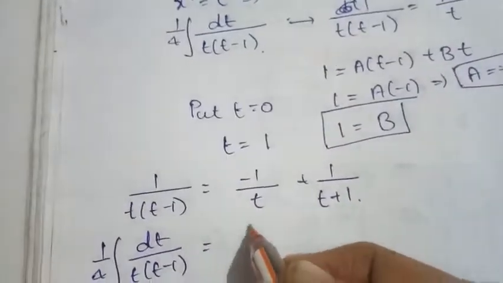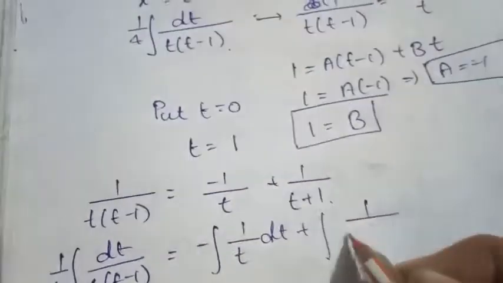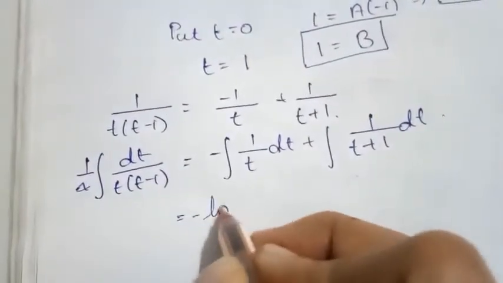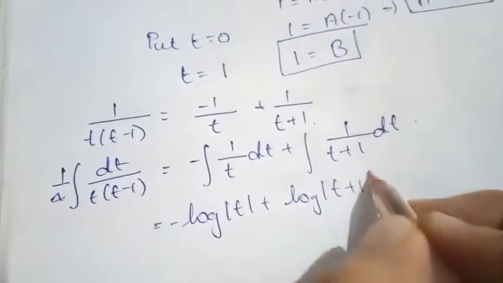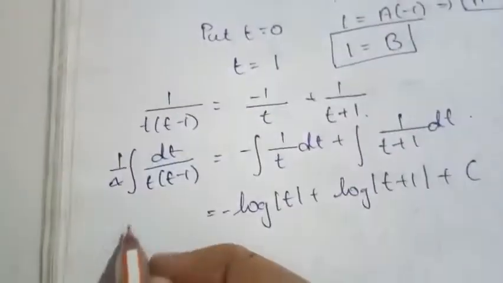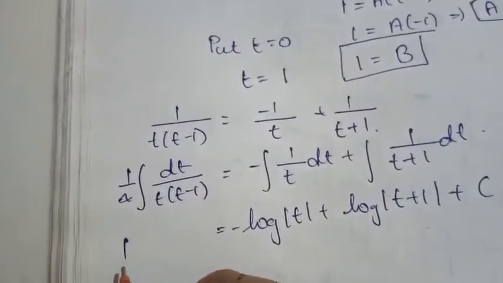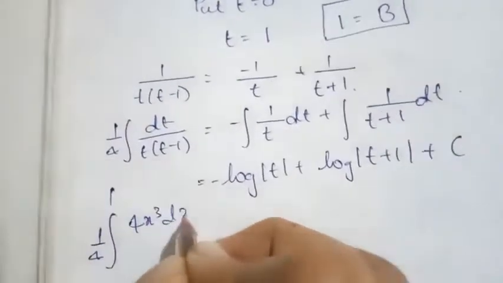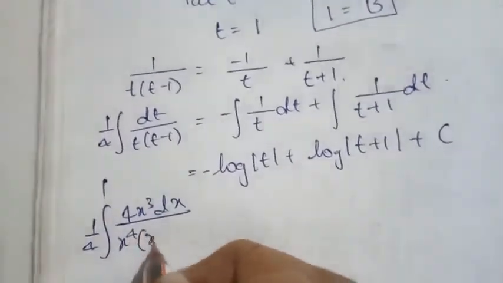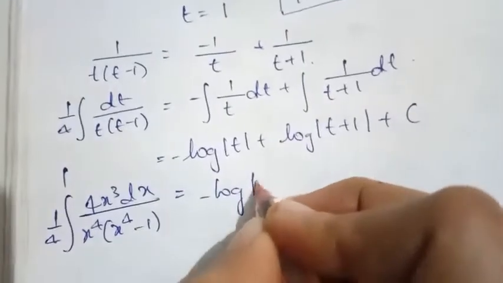This is equal to integration of minus 1 by t dt plus integration of 1 divided by (t minus 1) dt. So integration of this one is minus log mod t plus log mod (t minus 1) plus c. Substituting back the value of t and dt, we get 1 by 4 integration of 4x cube dx divided by x power 4 minus 1 is equal to minus log mod x power 4.